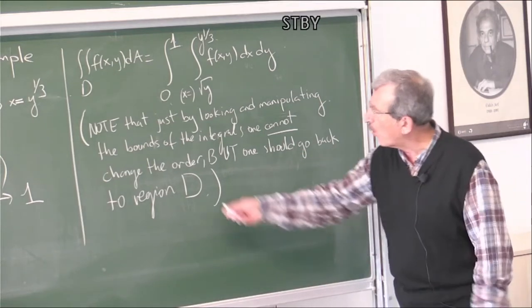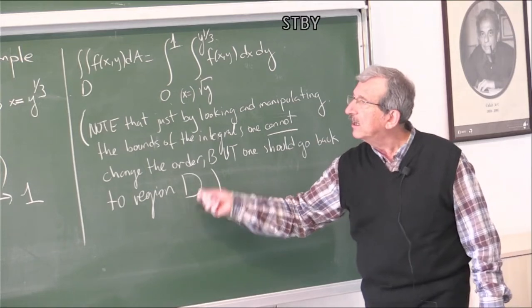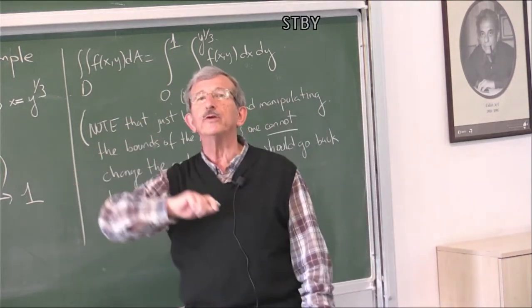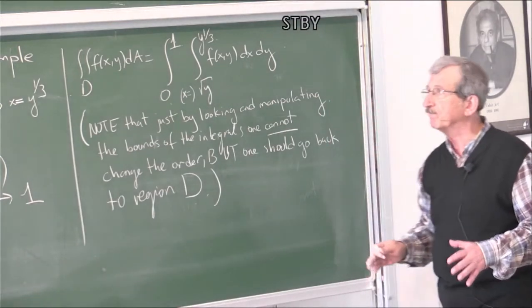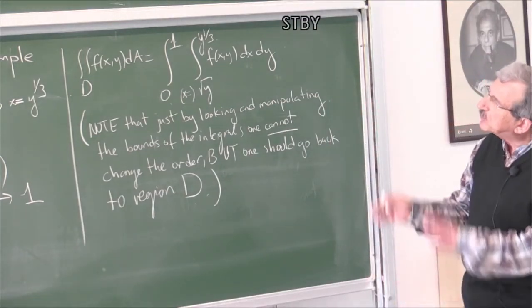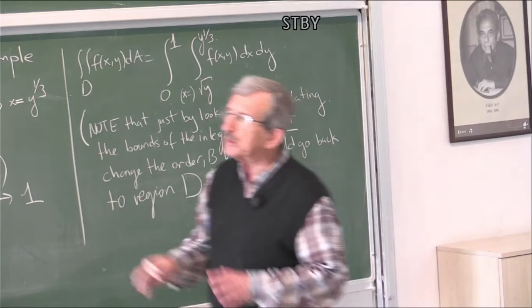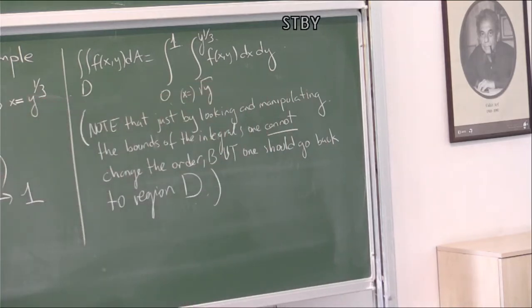No, you have to go to the region D. Again, look at the boundaries there. This may be quite different. Okay. Now, this was an example of a region which was simple with respect to x and with respect to y at the same time.